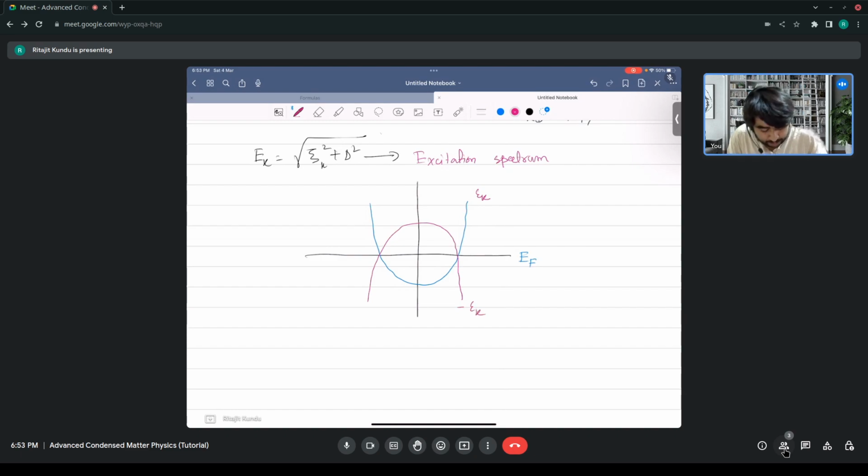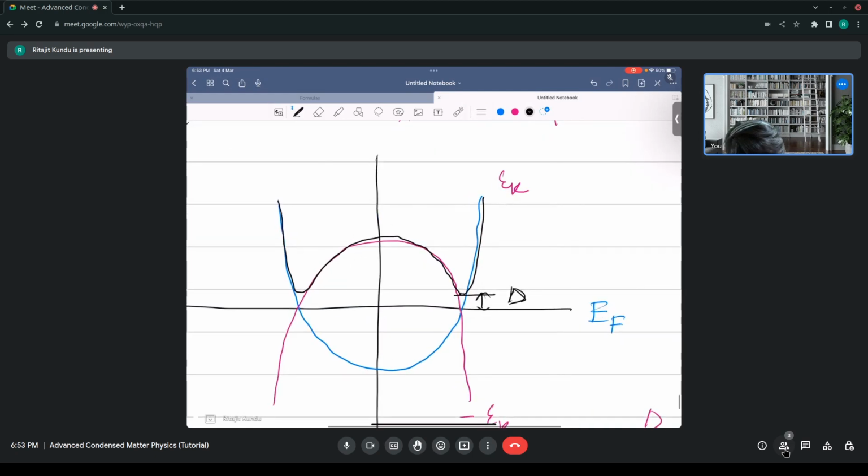And you see that delta actually introduces a coupling between these two bands. From degenerate perturbation theory, you know that whenever you introduce this kind of new matrix element, it will open up a gap. So in presence of this delta, it looks something like this, and this energy is given by delta. So this is your delta.